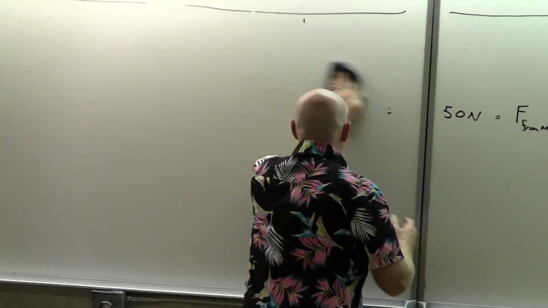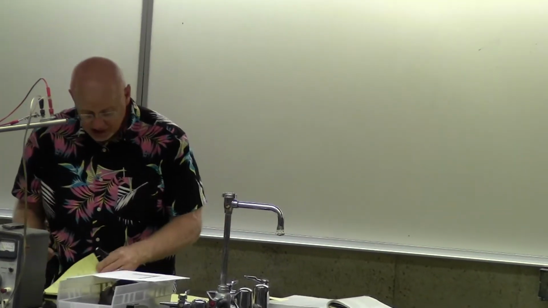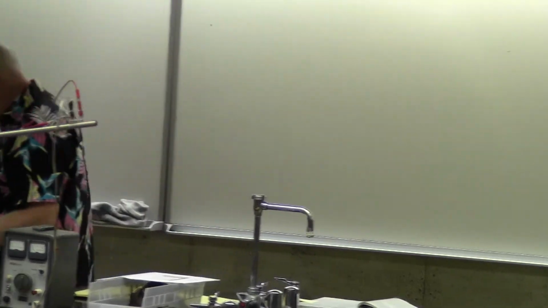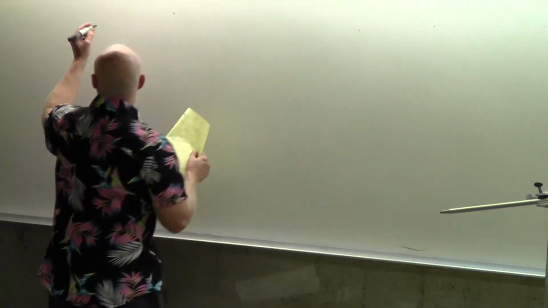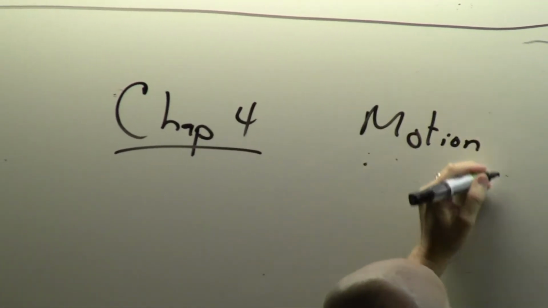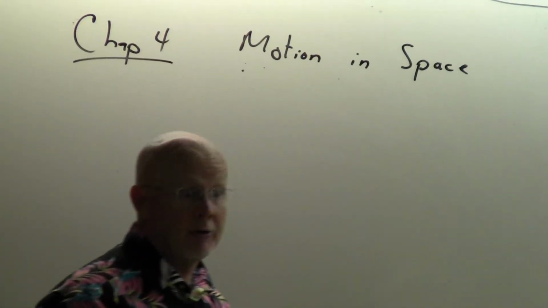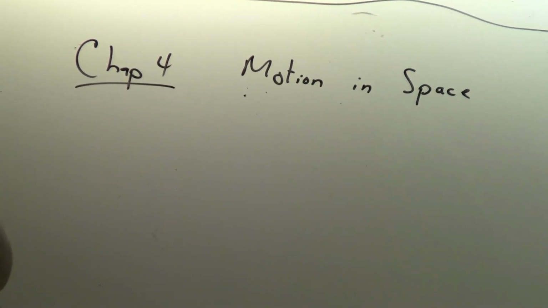If you remember, Chapter 4 was one that was trying to talk about what I'll call two-dimensional motion. Your author called it motion in space. So here's where we had gone. Chapter 4: let's look at motion in space. And as I said last time, don't think of that as outer space. That's just two-dimensional motion.